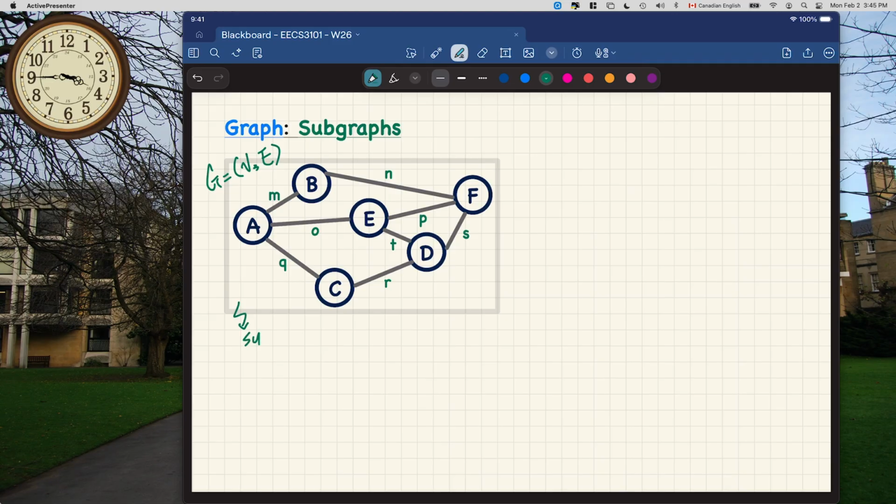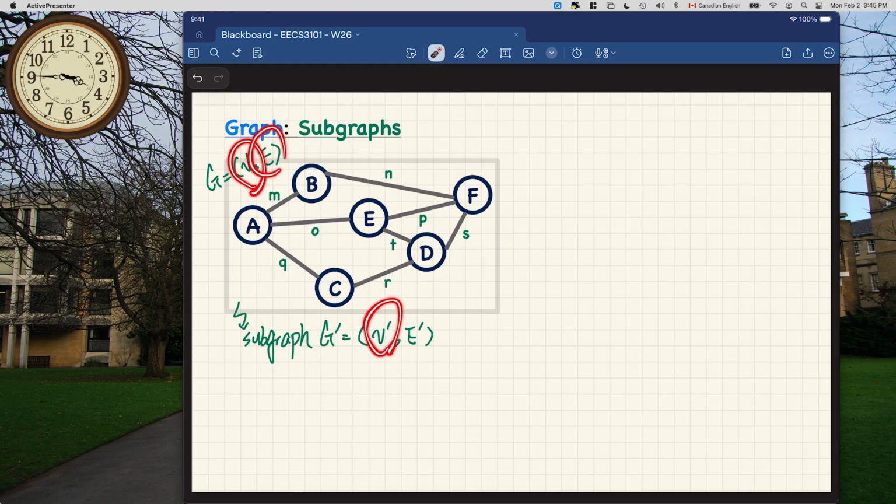First of all, if I got a subgraph, let's call that G prime. And the G prime here has V prime and also E prime. So what would be the conditions for the G prime to be a subgraph of G? So now we are really trying to draw a relation between V and V prime and also E and E prime, right?